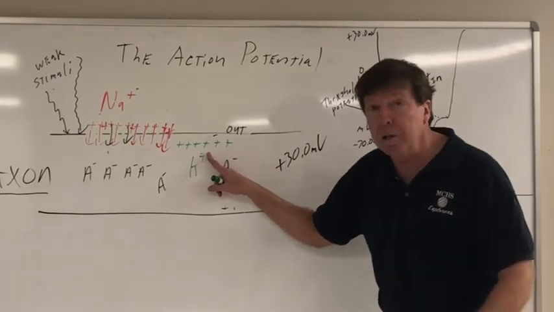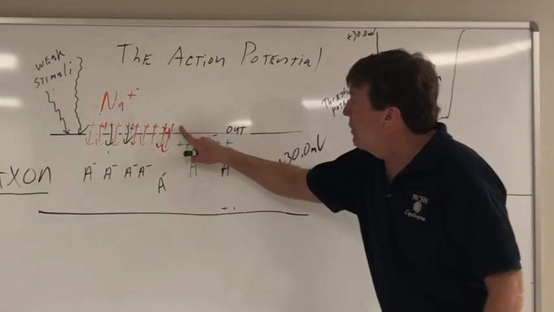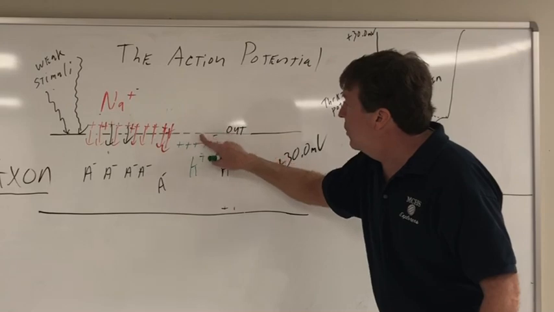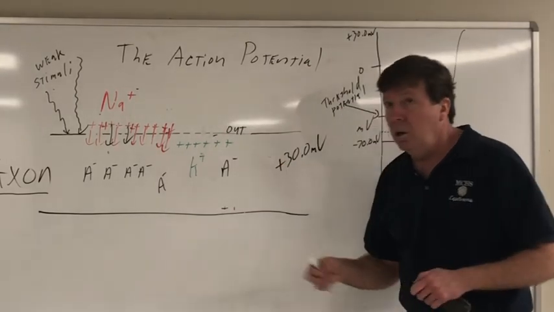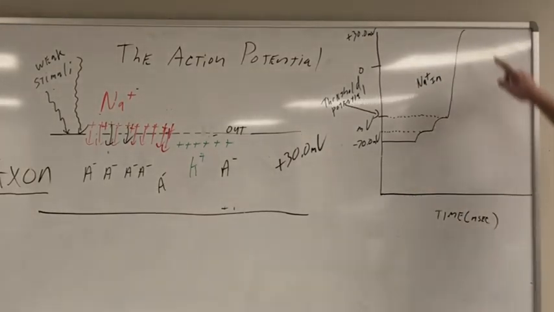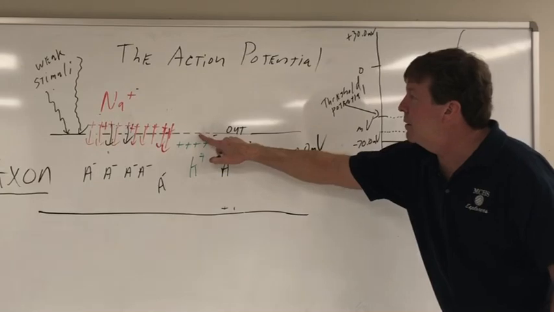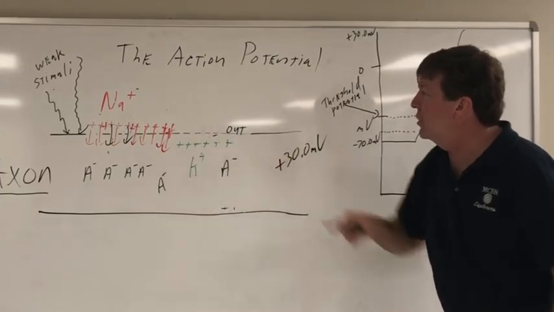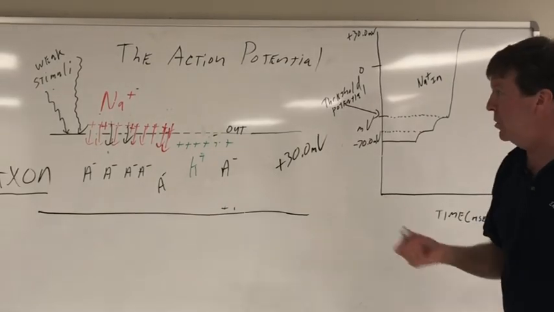These guys would get away from each other, but they'll only do so when these voltage gates open. So at positive 30, the voltage gates open for potassium. Right here, here, here. Here's another one. And you're going to get the potassium rushing out.